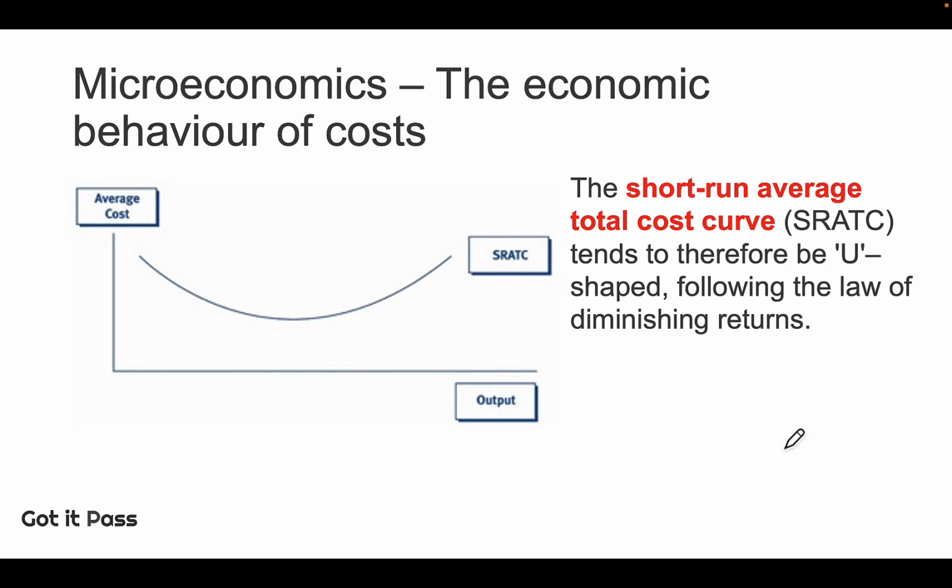That means the average cost initially can be decreased when you have more variables, say the labor, put into the production line. The total average cost can be decreased initially, but there's an optimum point here.